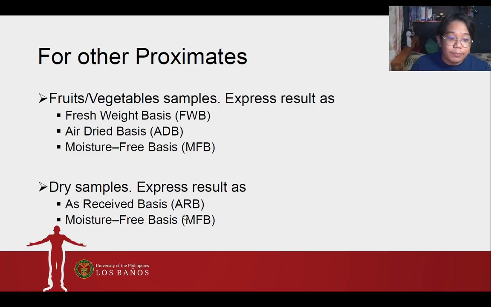Kapag naman dry sample, sa next ninyong pre-lab report, no, for crude protein, dapat meron kayong tables for the calculation of crude protein as received basis and percent crude protein na moisture-free basis.